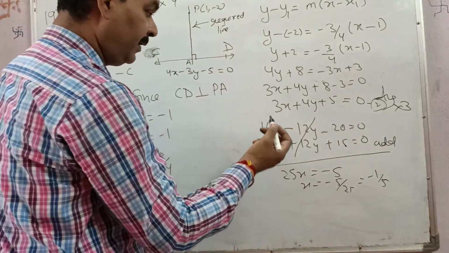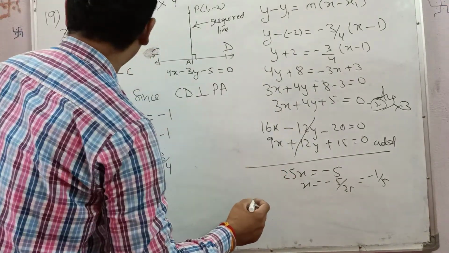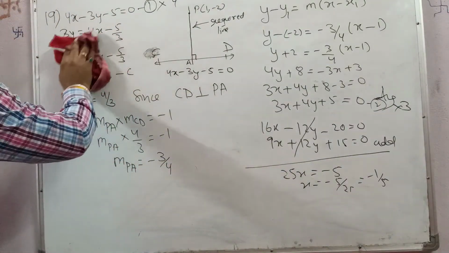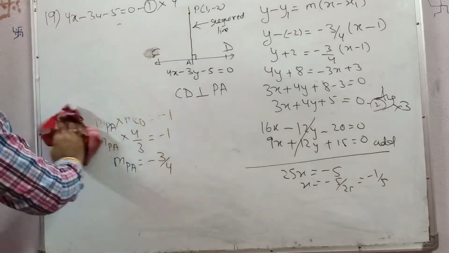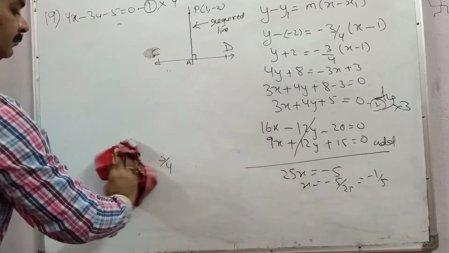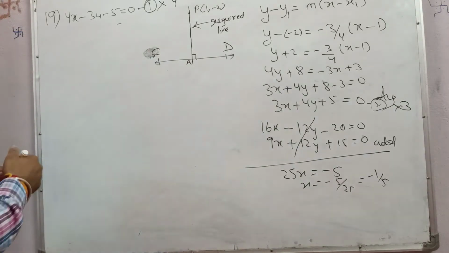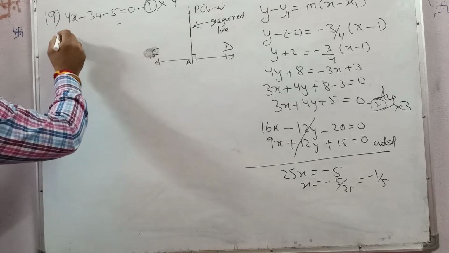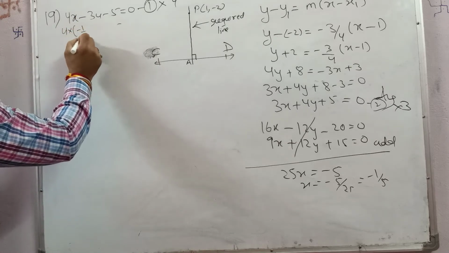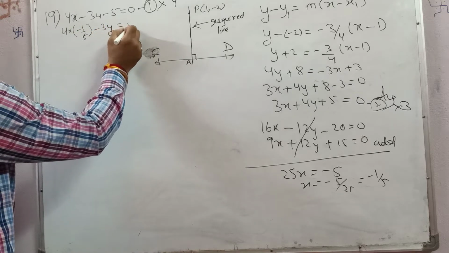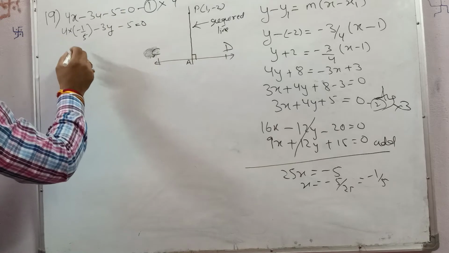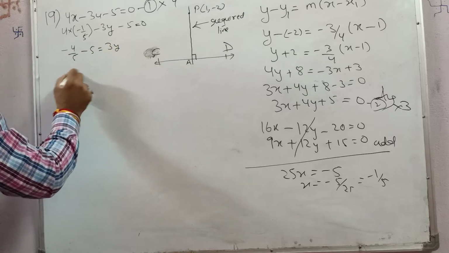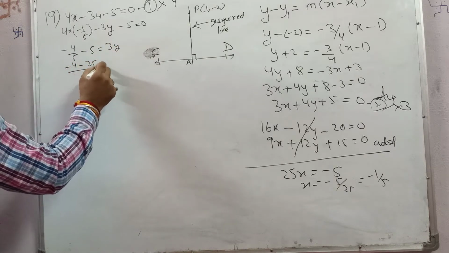Now substituting the value of x in either of the equations, 4 into minus 1 by 5 minus 3y minus 5 is equal to 0, or minus 4 by 5 minus 5 is equal to 3y. 5 is the LCM, so minus 4 minus 25 is equal to 15y.